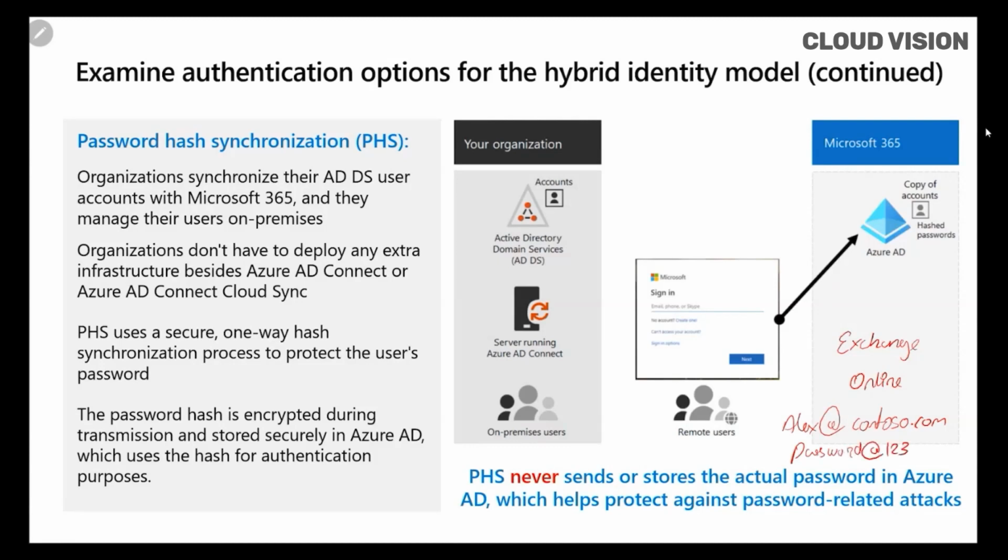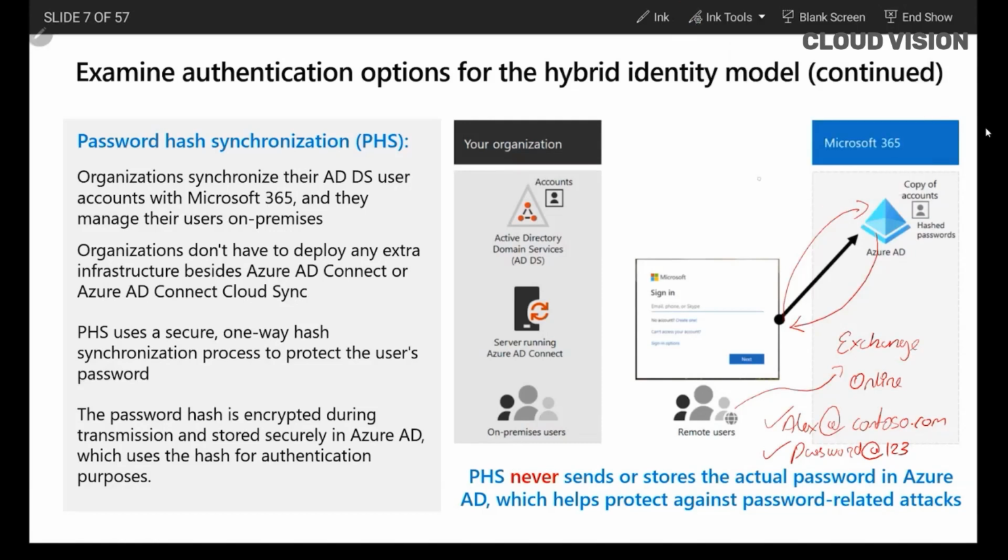Now the authentication request will go to Azure Active Directory, as Azure Active Directory not only has the username, but has the hash value of the password too. So Azure Active Directory will validate whether the credentials that are provided by the user are correct. If it is correct, it will authorize this request and the user will then be able to access the Exchange Online service. And that's how your password hash synchronization works.